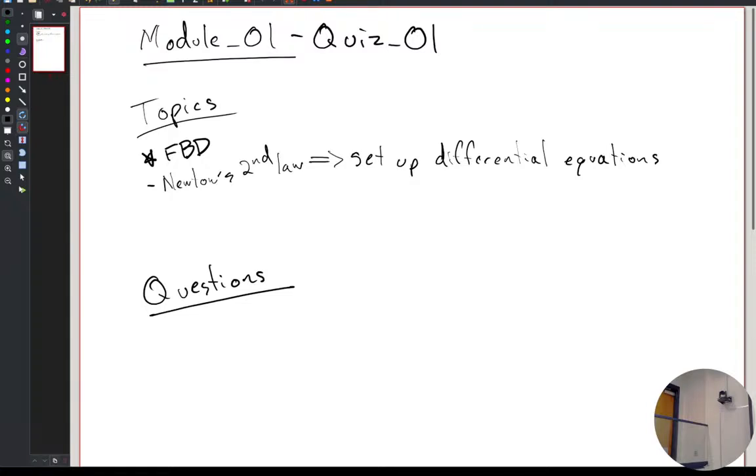Graphing, yeah, graphing motion, comparing. Okay, yeah, those are big.